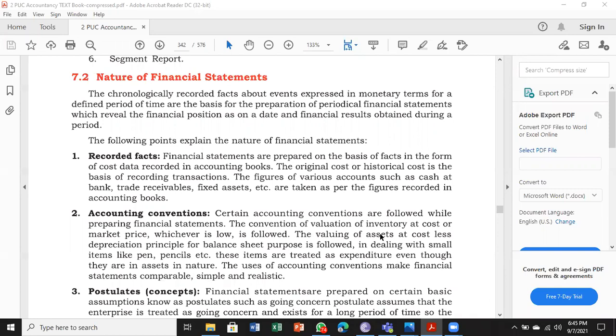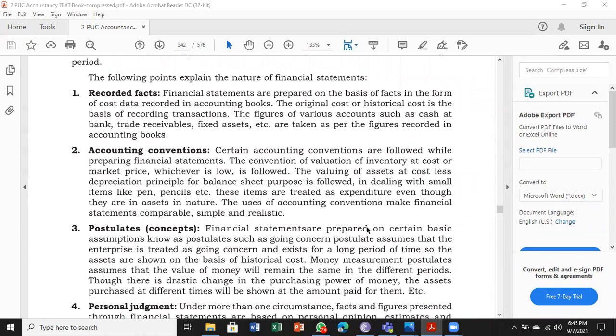At the end of the year, the trial balance is used to prepare the financial statements. So that is why we say that financial statements are based on recorded facts. What is recorded in the books of accounts, the entire 1 year, that will be considered here for the purpose of preparing the financial statements.